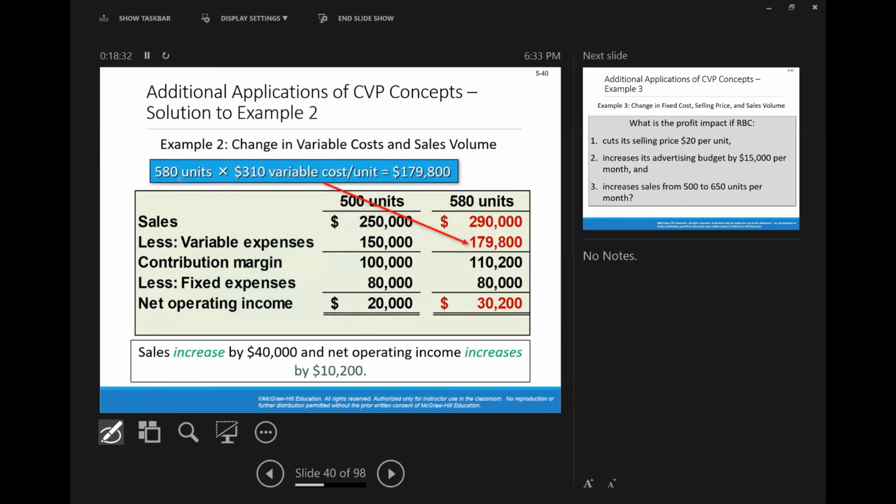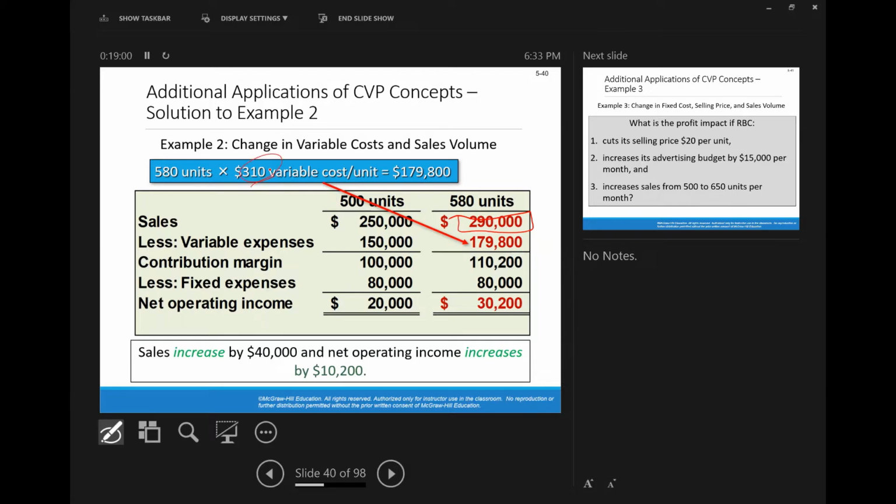Okay, so we have our 580 units. What's changing is the units, the sales price is staying the same. So our sales revenue number is changing, but it's only because of the quantity. So we have 80 more units. So we have 580 times the 500 to get the 290. And then we have variable expenses that are changing. So remember they were 300. Now it's going to be 310.